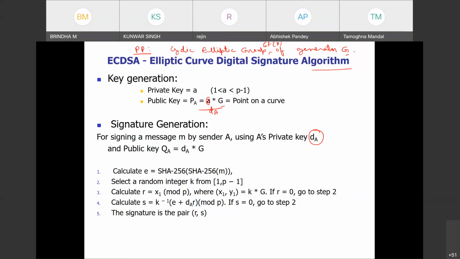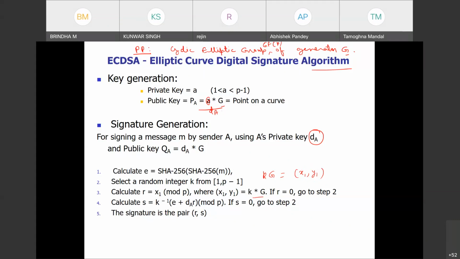Now this K is between 1 and P minus 1. And then choose R as X1. What is X1? It will compute KZ, and KZ will be some point, because everything is a point on the curve. It's not one number. So X1, Y1.